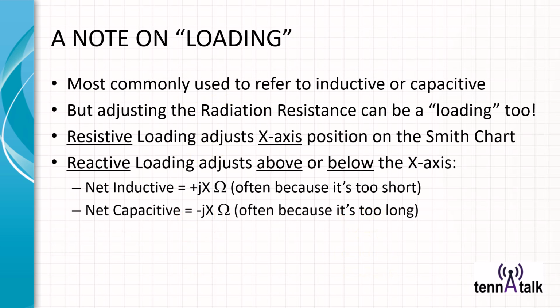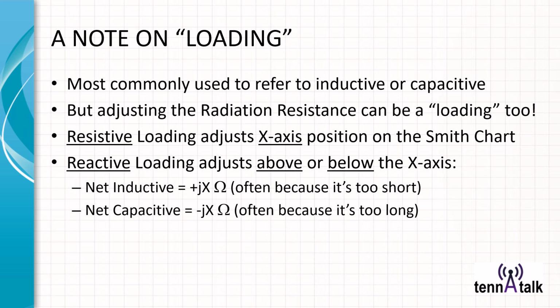A couple notes on loading. It's most commonly referred to as inductive or capacitive loading, but in reality, the inductive or capacitive values will generally affect the reactance more than the actual resistance value. But in a tuner, it actually affects both. Adjusting radiation resistance can be a loading too, as we just saw.